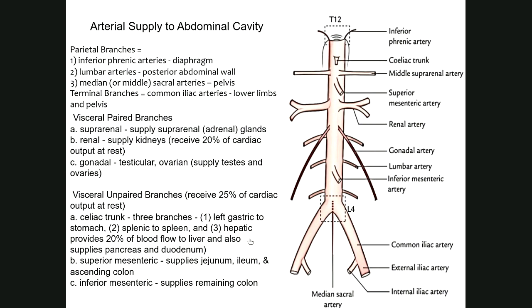The superior mesenteric artery pretty much supplies most of the small intestine and a little bit of the ascending colon, and the inferior mesenteric, which supplies the remaining portion of the large intestine.